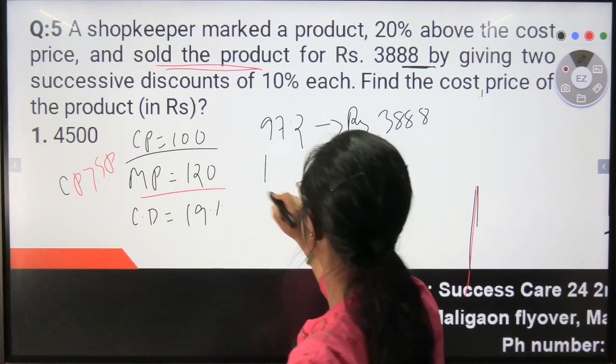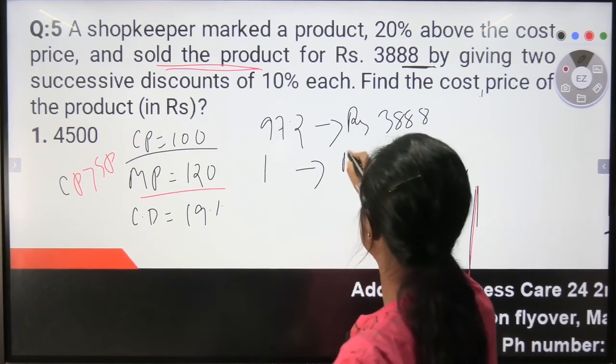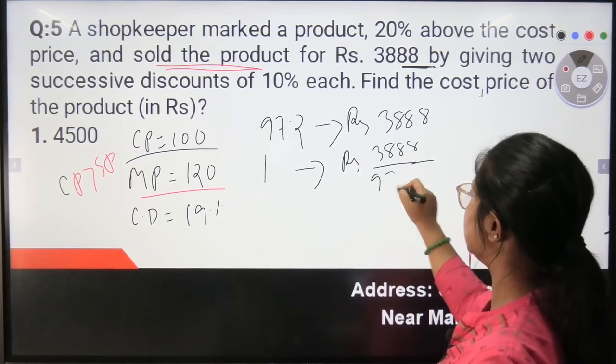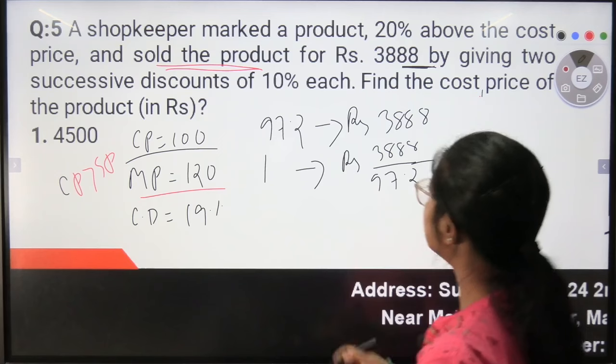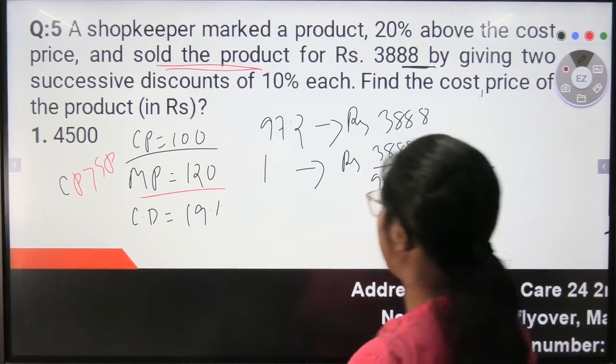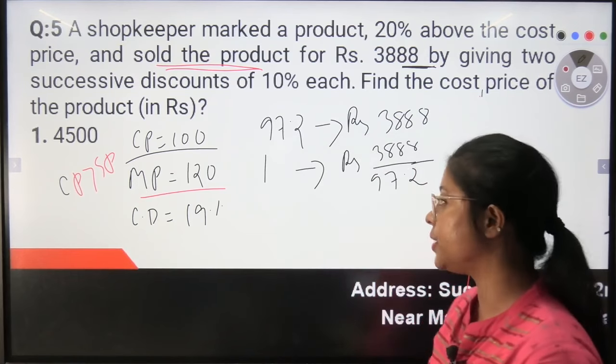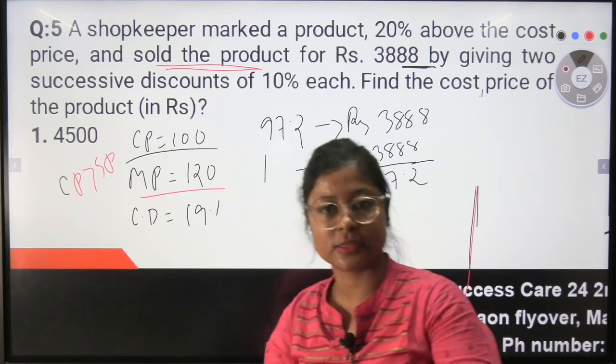So from here I am getting one ratio as rupees 3888 divided by 97.2. What do I need to find? I need to find the cost price. My consideration for cost price was rupees 100.